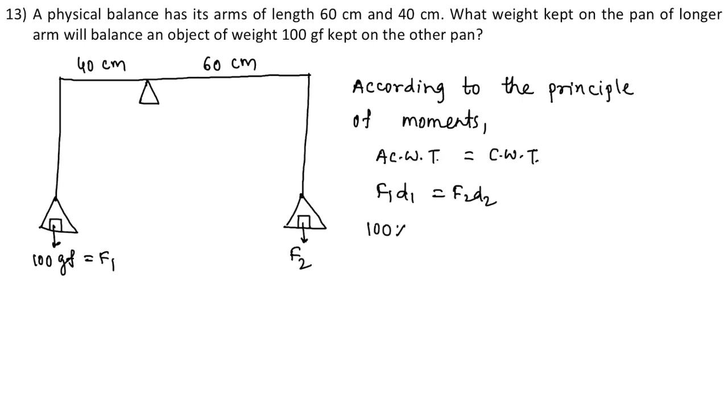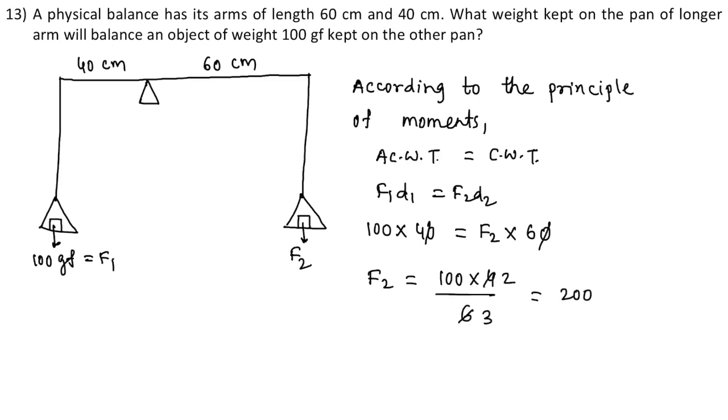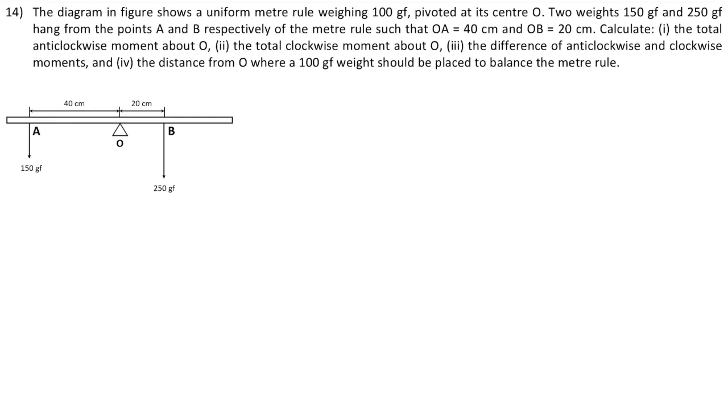F1 is 100, d1 is 40, F2 we want to find out and d2 is 60. So F2 is 100 into 4 upon 6, that is 200 upon 3, 66.67 gram force.